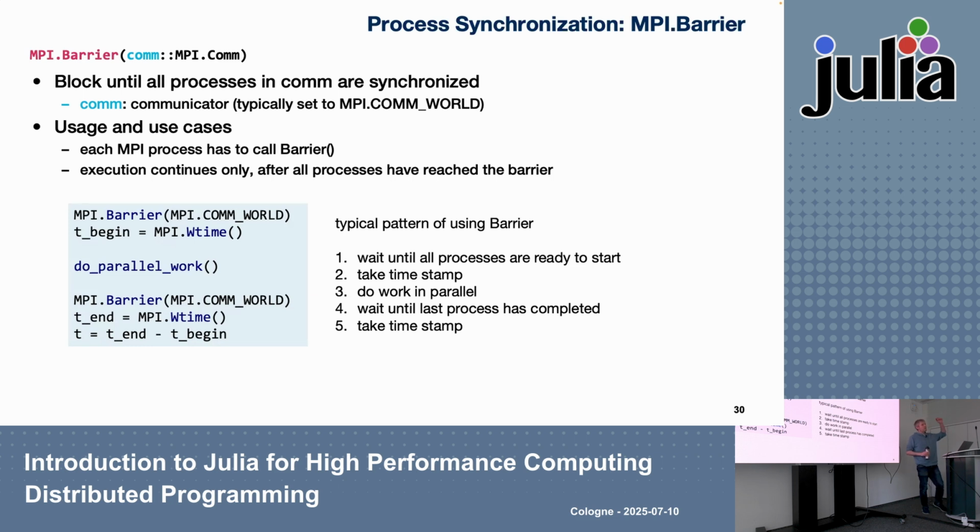So they will block at this function until all of the ranks in our communication group reach this point in their program to synchronize everyone. And once everyone has called the MPI_Barrier function, it will be released, and then they can continue.